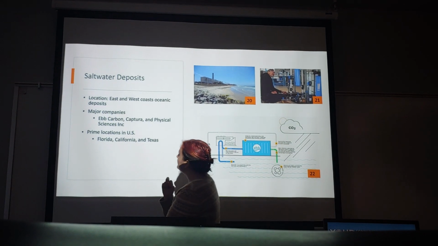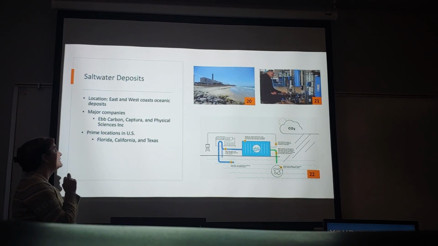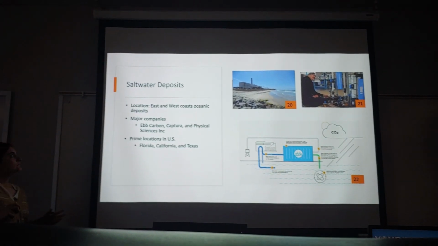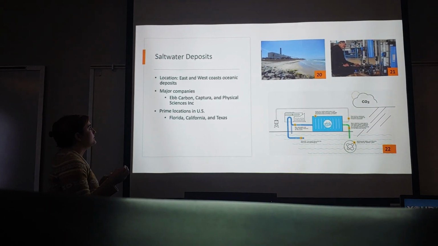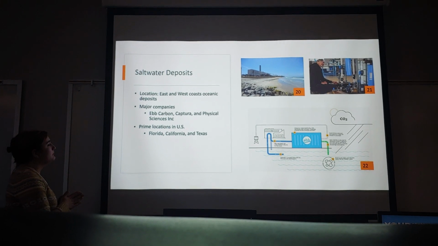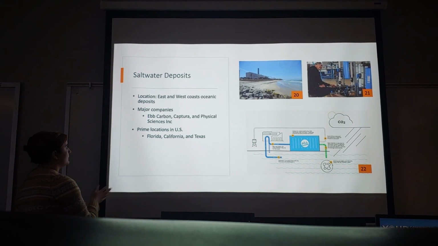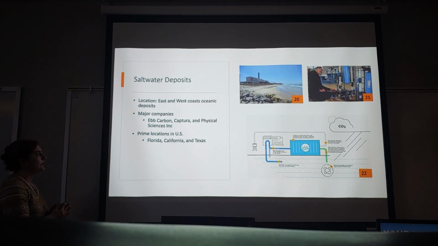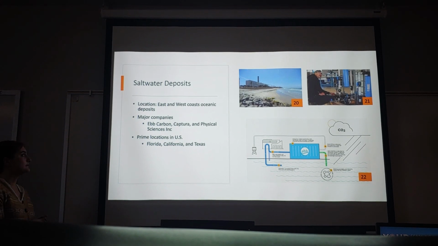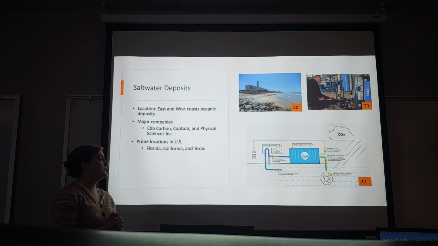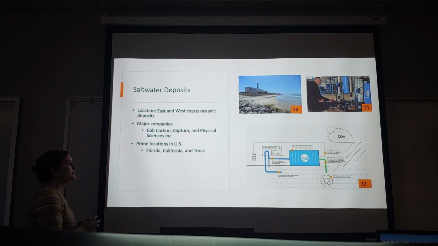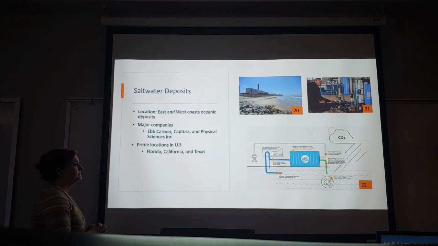So in the United States, you're going to get these desalination plant locations on the east and west oceanic coasts. The major companies, such as Ed Carbon, also include Captura and Physical Sciences Incorporated. The prime locations right now for desalination plants are Florida, California, and Texas.